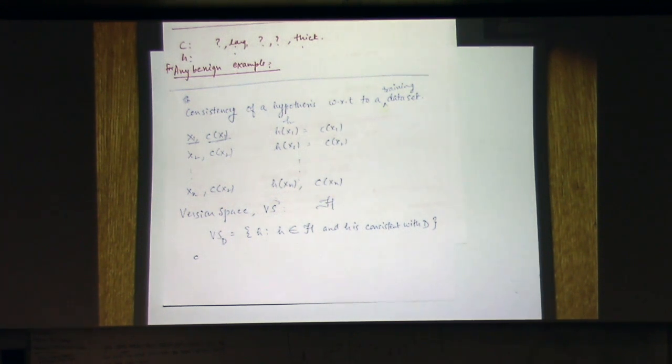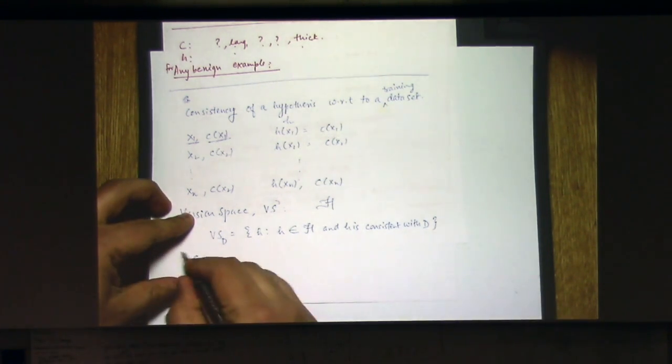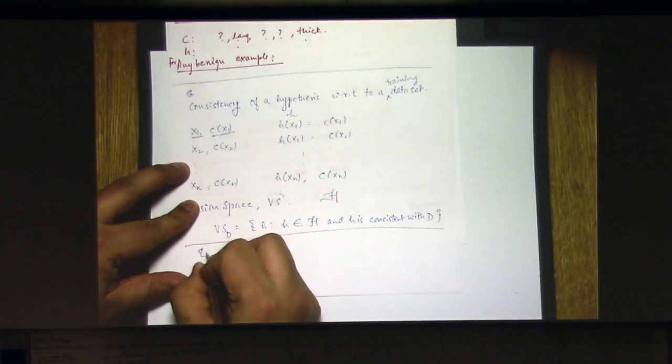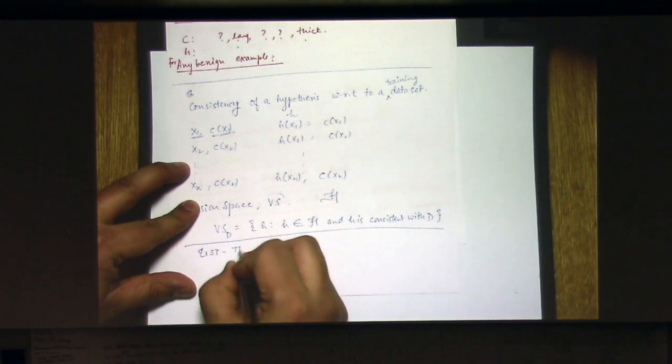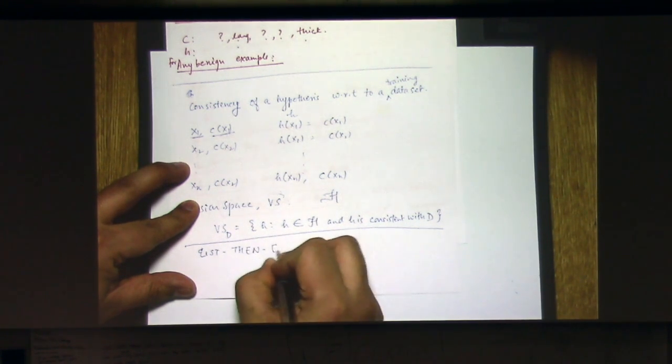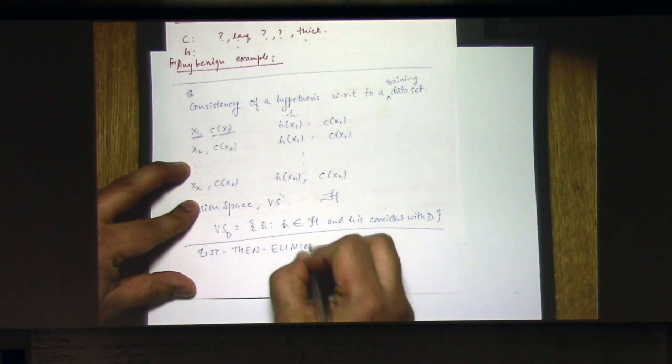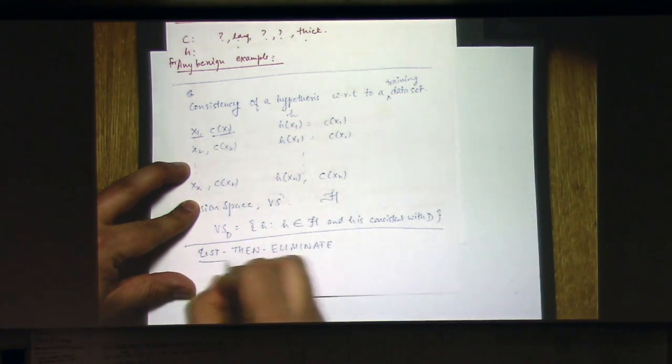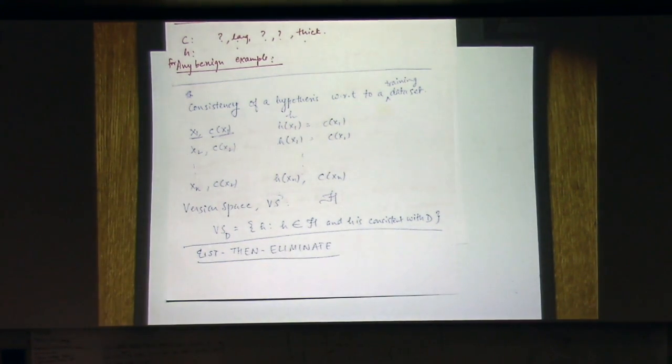There's a very simple algorithm there, which is called list then eliminate. These people are not very creative with the naming of algorithms, but this one is just called list then eliminate. All it does is start the other way. It first says that my version space is my entire hypothesis space.